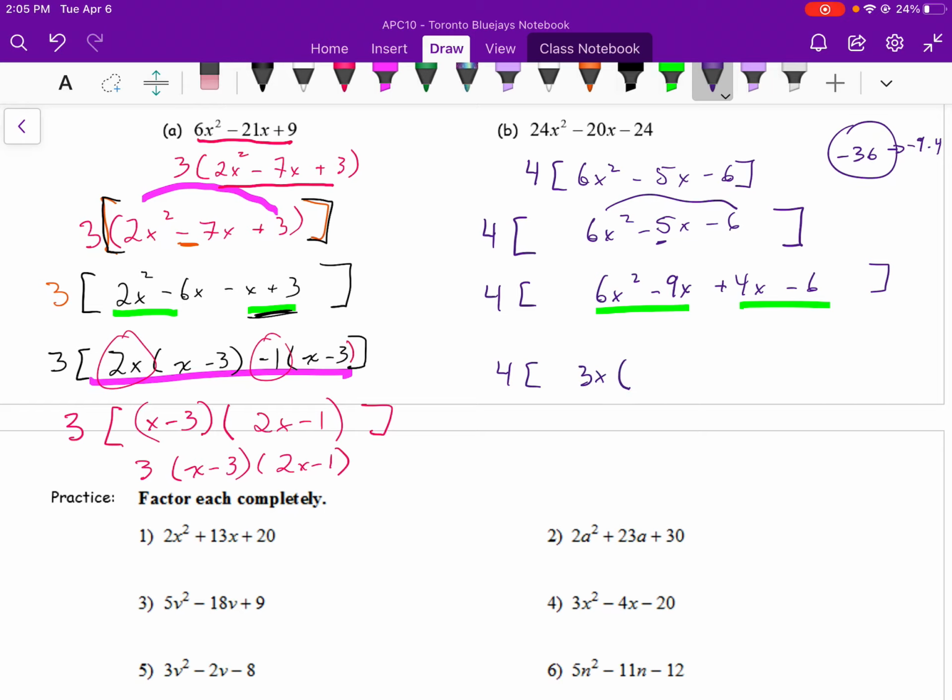That is 3x. So if I factor out 3x from that first pair, I'm left with 3x times 2x minus 3. Now I'm going to look for the common factor in the second pair, 4x minus 6, and that is 2.